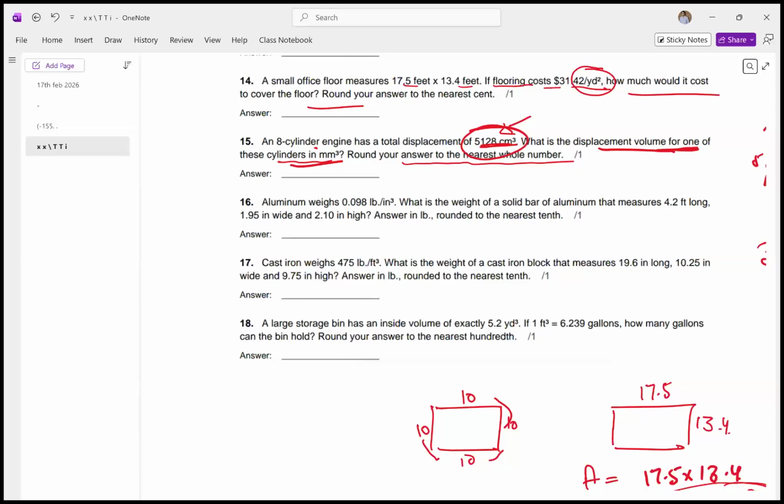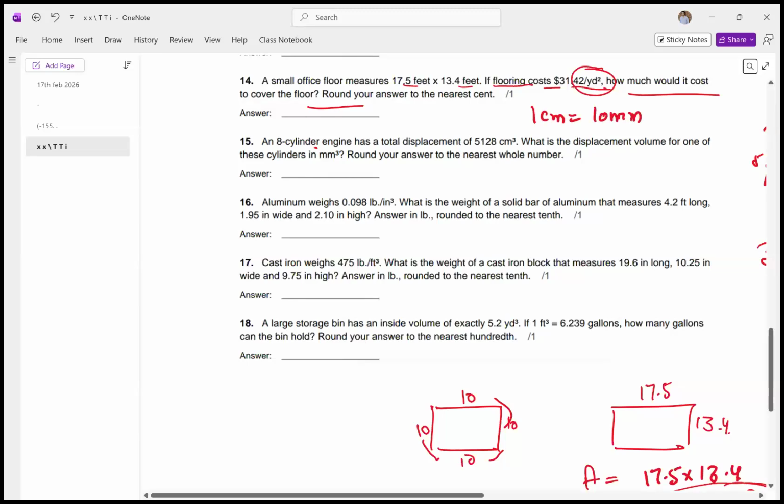So again, same process. In this one, we are given centimeter cube. So I wanted to convert the answer into millimeter cube. So one centimeter equal to 10 millimeters. Okay, but one cubic centimeter means 1000 millimeter cube. So 10 to the power of 3. 1 centimeter cube is equal to 10 times 10 times 10. 10 to the power of 3 means 10 times 10 times 10.